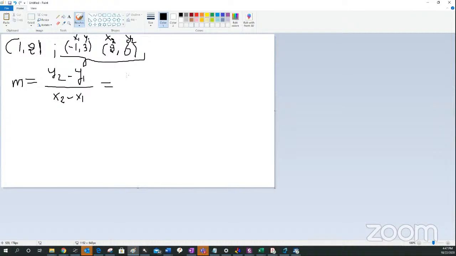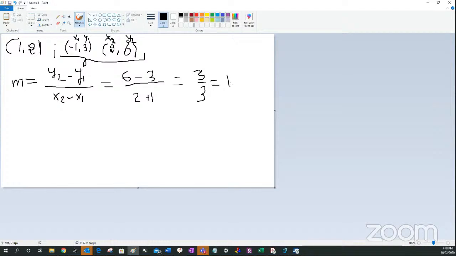That would give you 6 minus 3 over 2 minus (-1). Minus minus 1, that will give you plus 1, right? So that gives you 3 over 3, which is equal to 1.